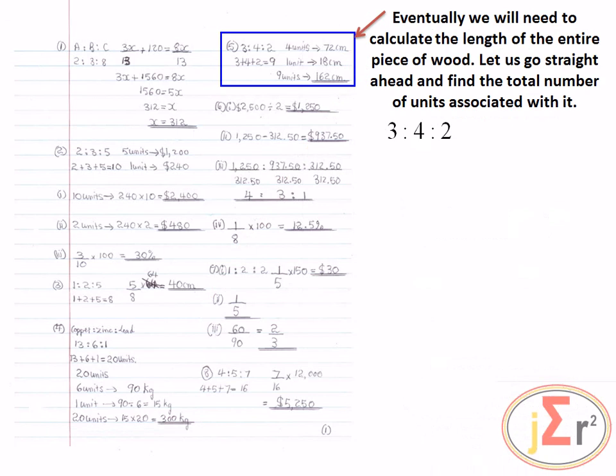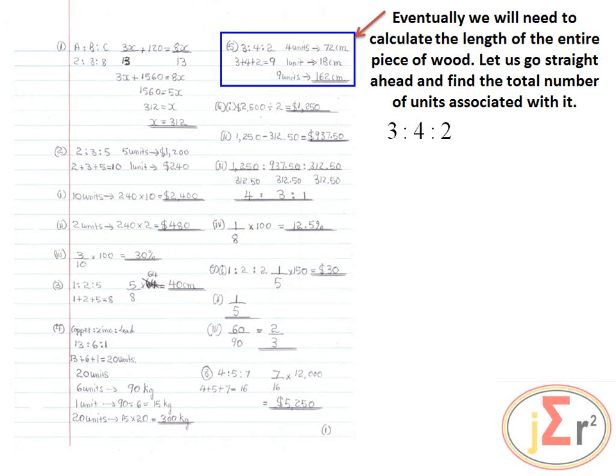Number 5 that we have there is actually the problem that states that a piece of wood is divided into 3 pieces in the ratio 3:4:2. The length of the longest piece is 72 centimeters. Calculate the length of the piece of wood, which is the entire thing again.